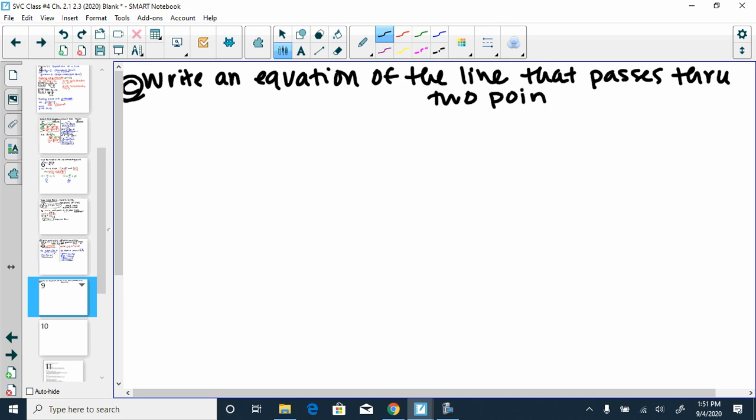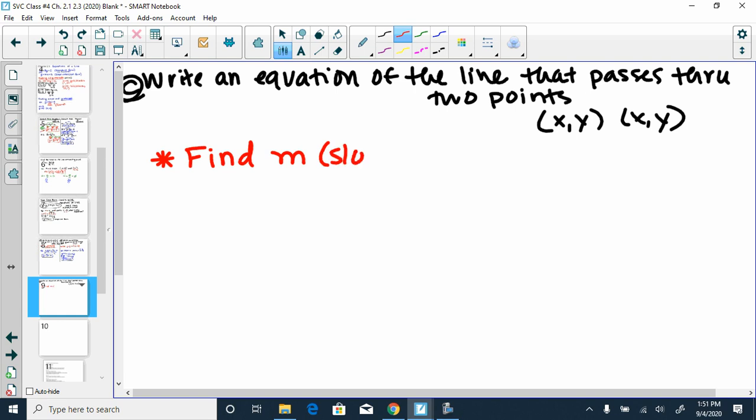Now, so you're going to have two points like this, and you have to write an equation of a line. How do I do that? First, you have to find slope, and you're going to have to do that by doing the formula y2 minus y1 over x2 minus x1.